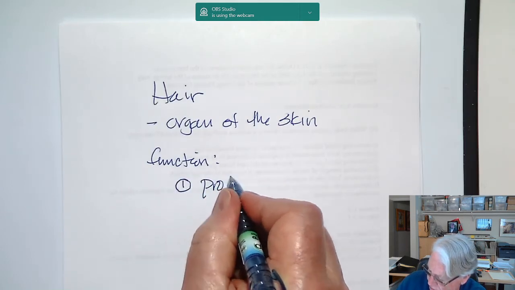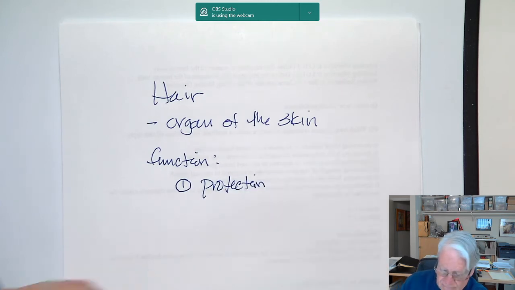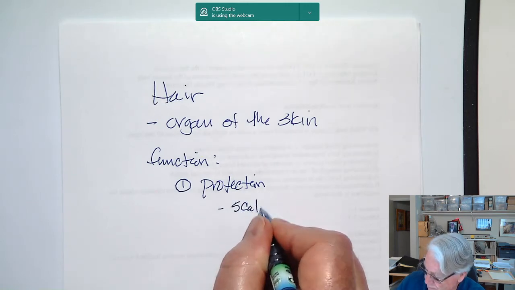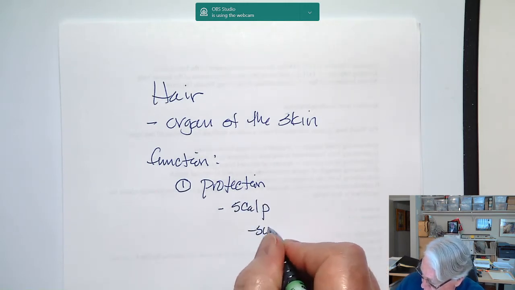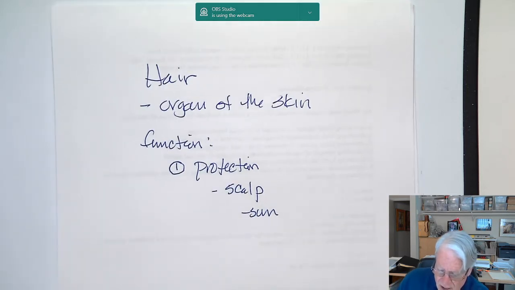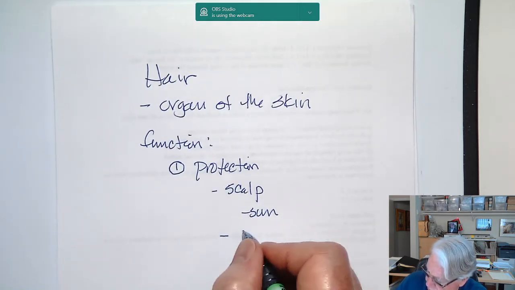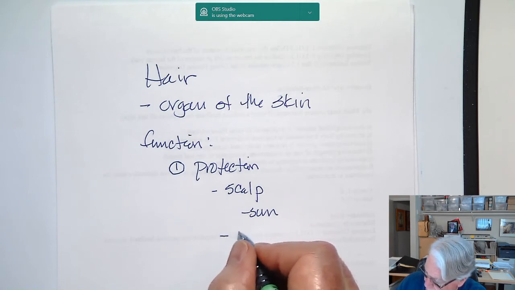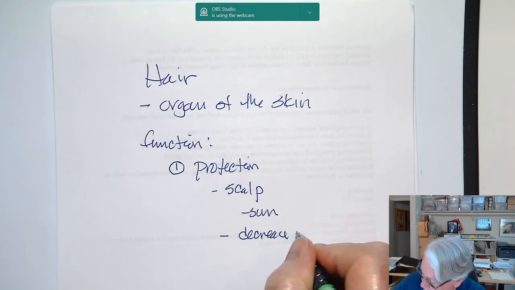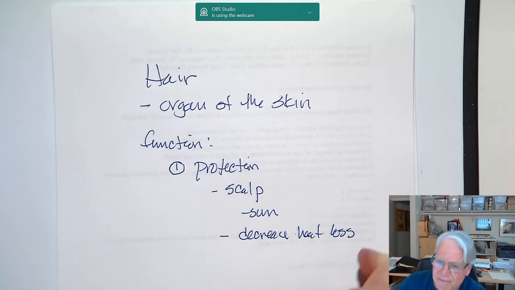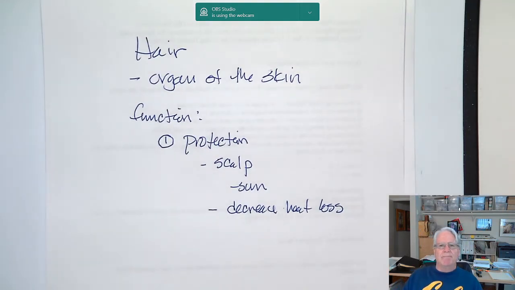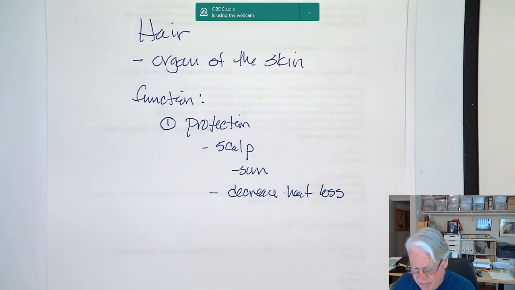So one of the functions, obviously, I hope anyway, is protection. So hair provides protection, particularly on the scalp, from sun. And in some cases, it also can provide help in terms of a decrease in heat loss, although that function is a lot less important in us as a species than other mammals because we've lost so much of our hair.